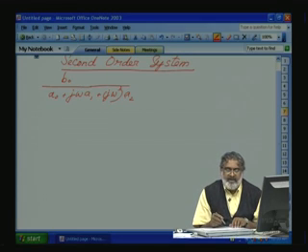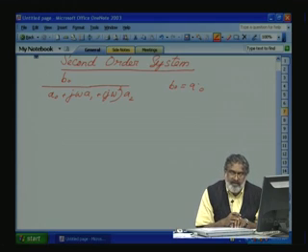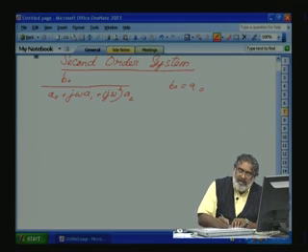So we want low frequency, very close starting. For that, one condition is very clear: B0 should be equal to A0. When frequencies are very small, we can neglect these terms.